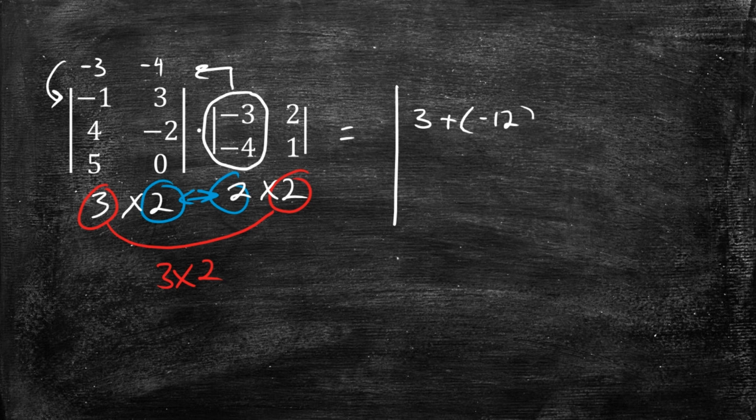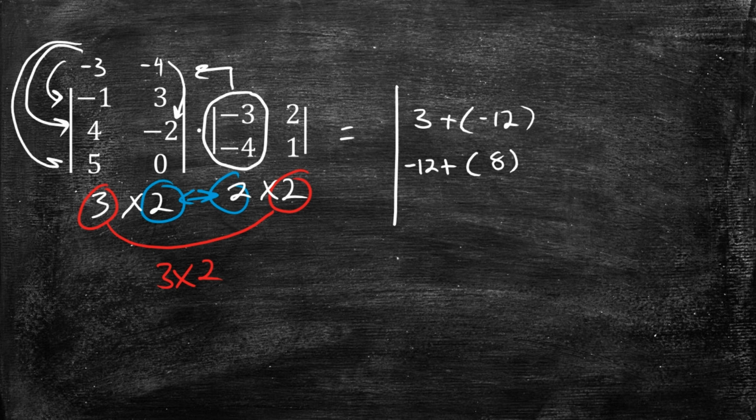All right, and now we just keep working downwards. Now we go to the second number here. 3 times 4 is 12, plus -4 times -2 here is +8, like that.